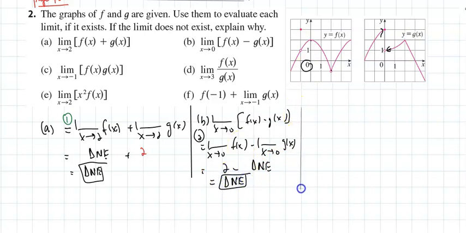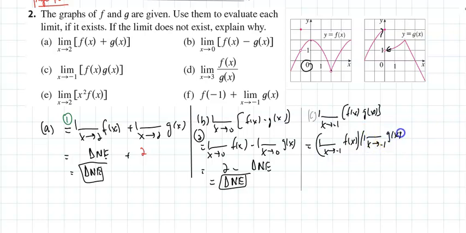And if I go to part C, if I take the limit as x approaches -1 of f of x times g of x, that is the limit as x approaches -1 of f of x times the limit as x approaches -1 of g of x. And what allows us to do that?